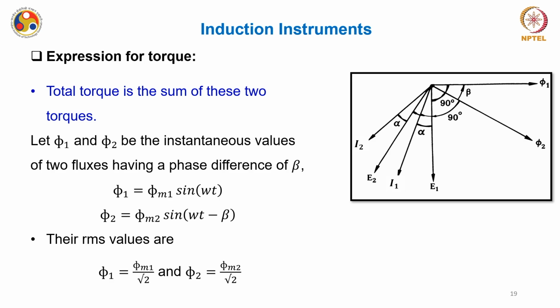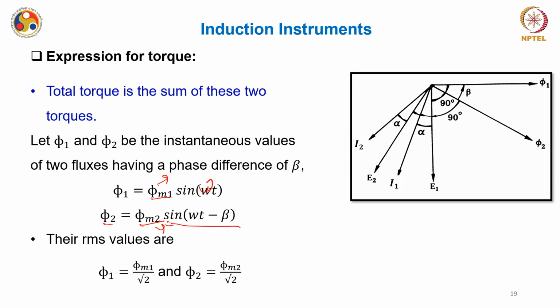Let phi 1 and phi 2 be the instantaneous values of two fluxes having a phase difference of beta. I can write that phi 1 is equal to phi m1, which is the peak magnetic flux, into sine omega t, and phi 2 is equal to phi m2, again the peak magnetic flux for phi 2, into sine omega t minus beta, where beta is the phase difference between them.